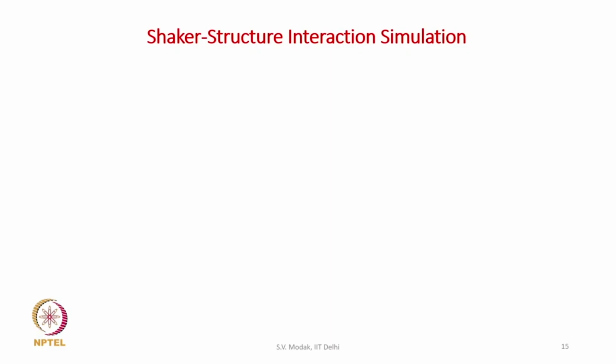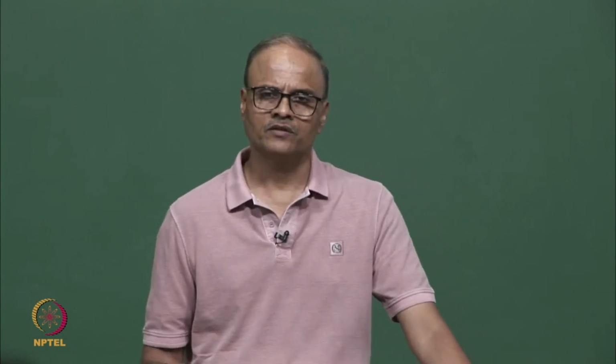So, let us now simulate a typical shaker-structure system. We have taken specific, typical values for the parameters Ms, Ks, Cs and Me, Ke, Ce and other electrical parameters of the system, and then we have tried to find these FRFs.